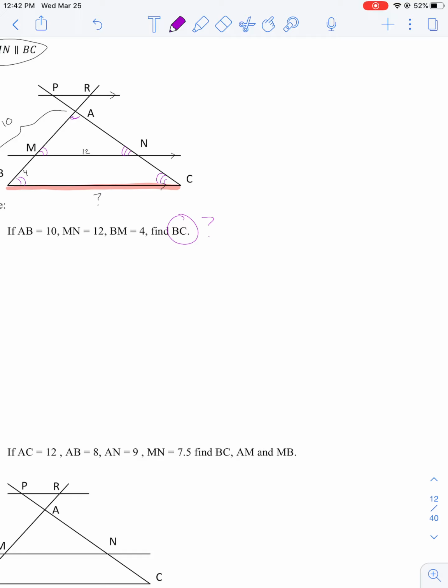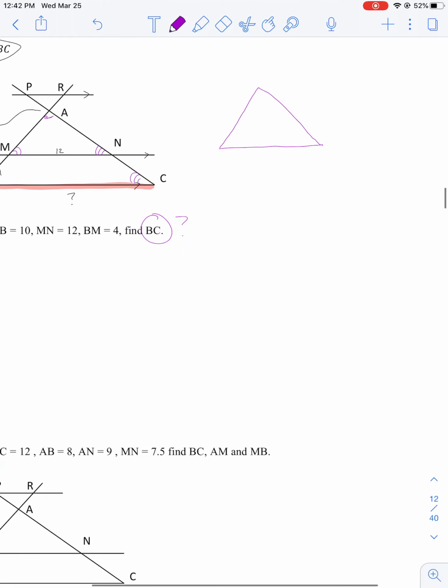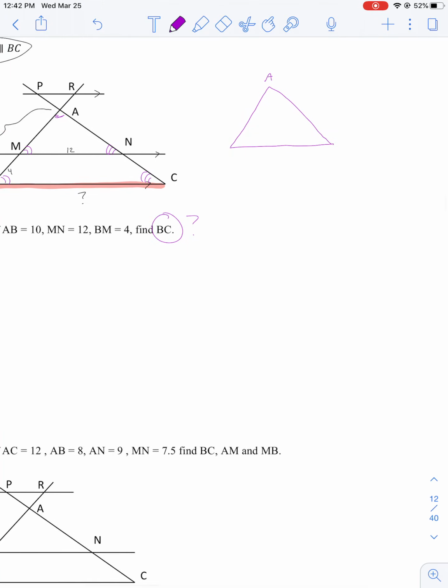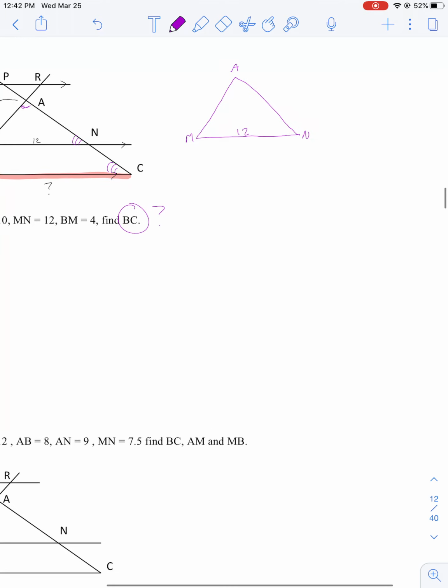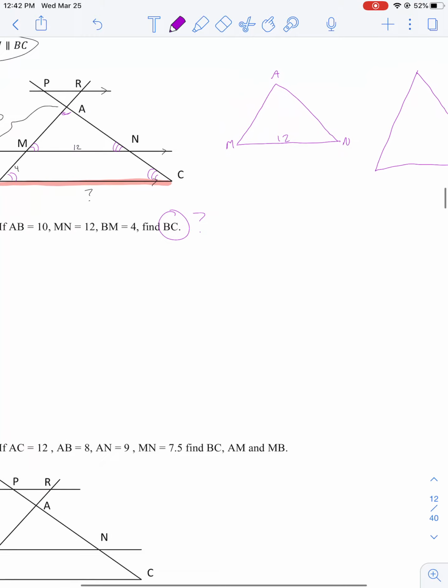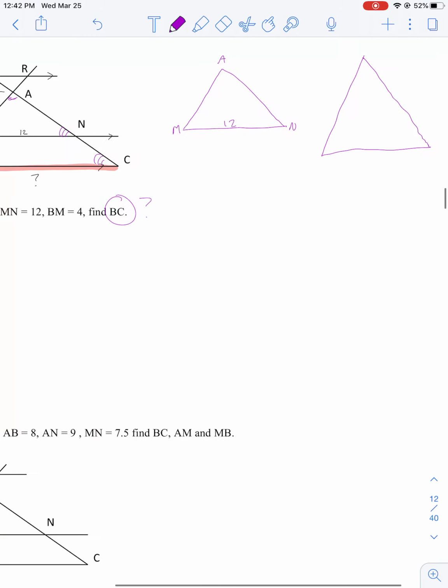They're lying over top of each other, but if it helps to draw them separately, I'll do this for our first problem. I probably won't continue doing this all the way along. AMN, this is 12. That's all we know there. And our bigger triangle that we're trying to prove is similar, pretty bad drawing there, is ABC.